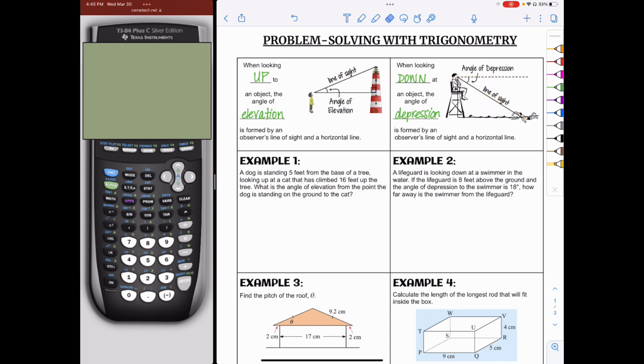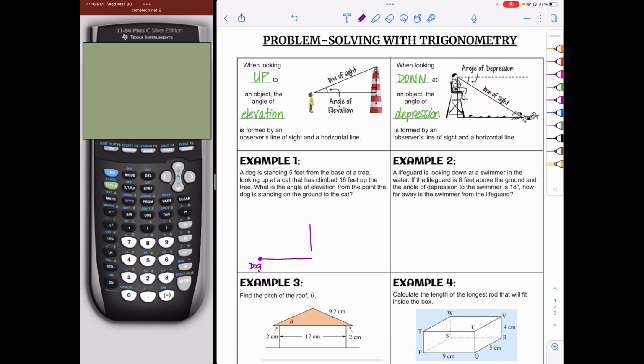All right, so let's look at some examples. Example one says a dog is standing 5 feet from the base of a tree. So if I have a dog, I can just put this point here for dog, and it's standing 5 feet away from the base of a tree.